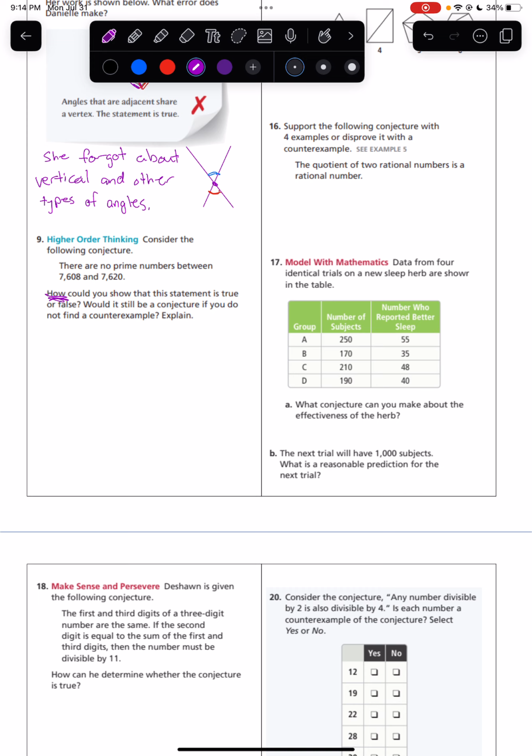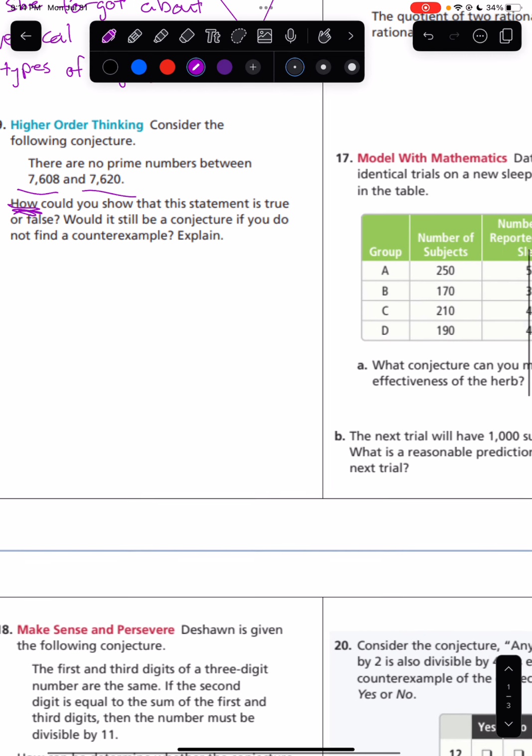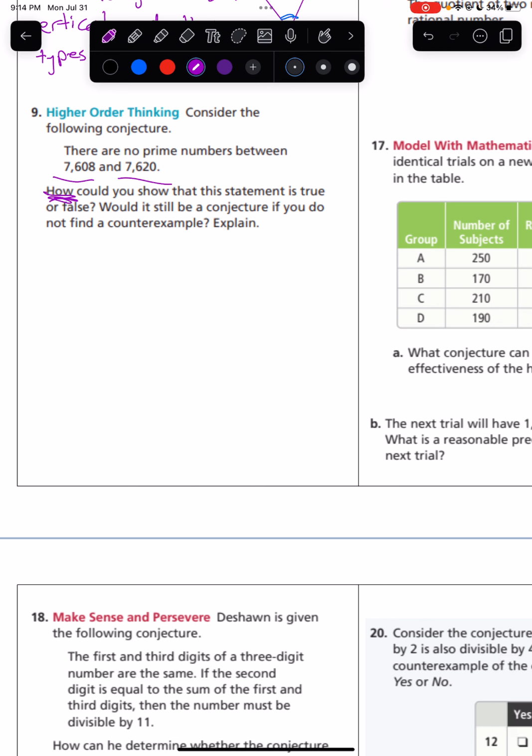So how could I find out whether these two numbers are having any prime numbers in between them? The how would be to check all the numbers. We would check all the integers, right? The whole numbers. So we would check all the integers between the two numbers and see if they have factors.